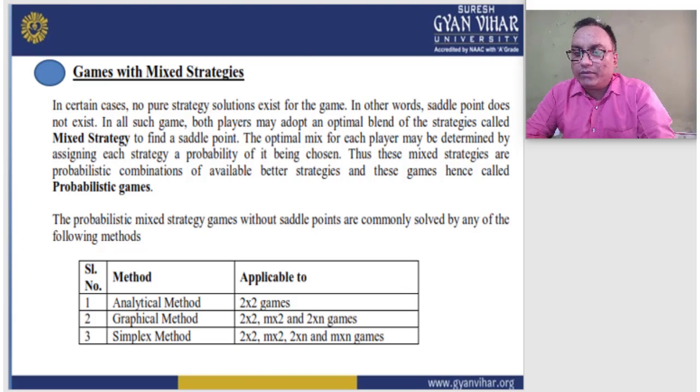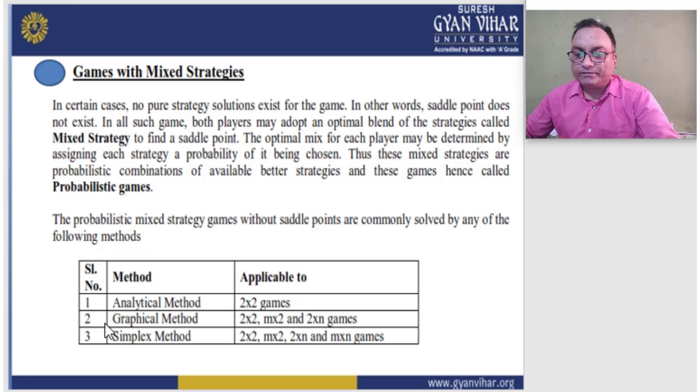The optimal mix for each player may be determined by assigning each strategy a probability of being chosen. Thus these mixed strategies are probabilistic combinations of the available strategies of these games, hence called probabilistic games. Probabilistic mixed strategy games without a saddle point are commonly solved by any one of the following methods.